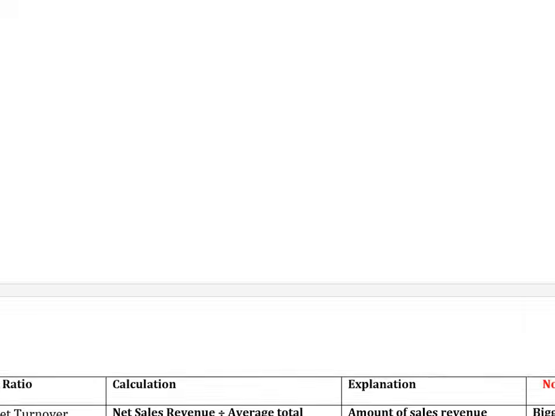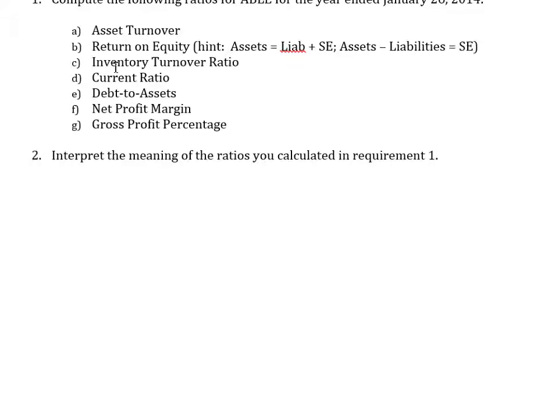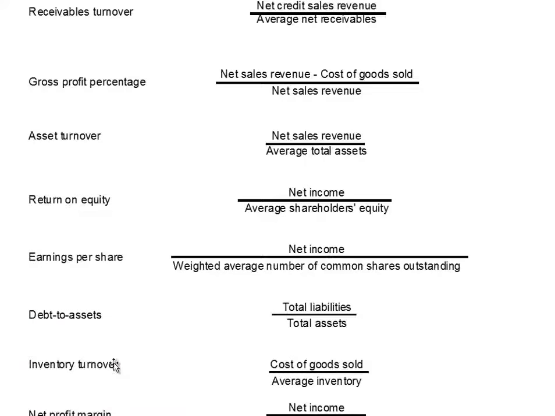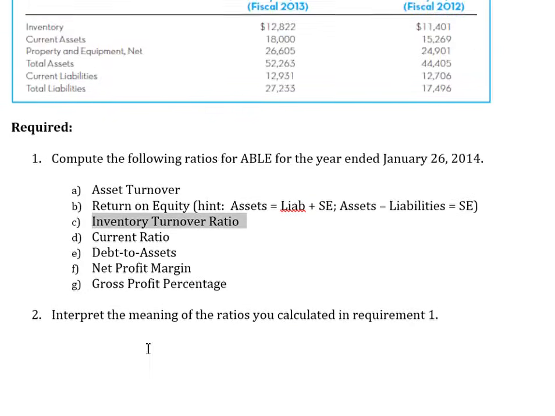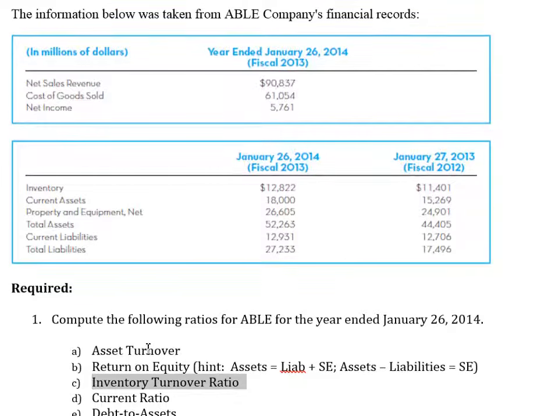Now, let's go calculate the next ratio, which is the inventory turnover ratio. If we go back to our formula sheet, we see inventory turnover is cost of goods sold divided by average inventory. If you remember in our question, we do have a number for cost of goods sold.